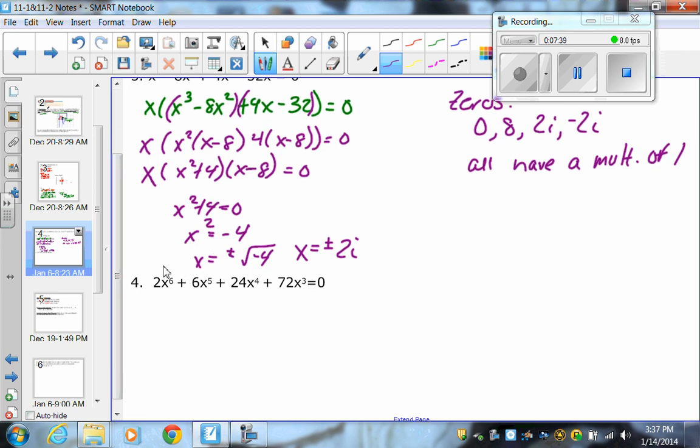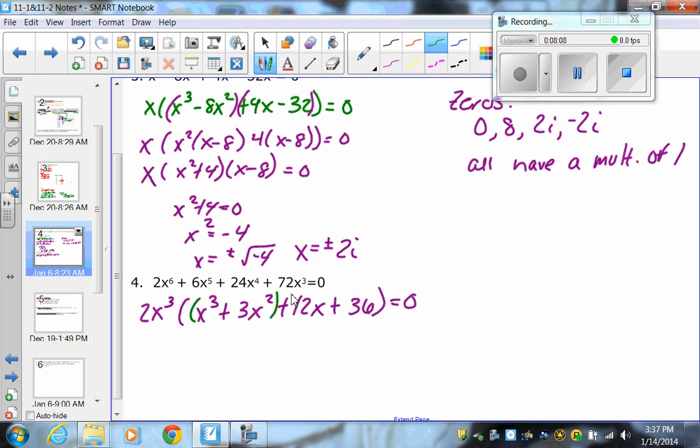One more. So the greatest common factor here would be 2x to the third. That leaves me with x to the third plus 3x squared plus 12x plus 36. There are 4 terms inside here, so I'm going to try factoring by grouping.